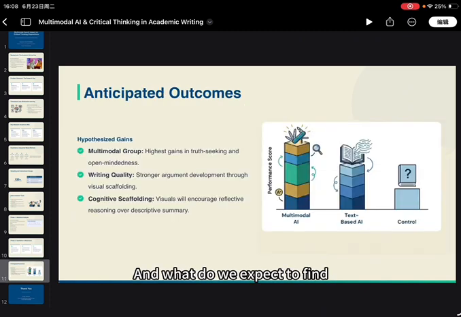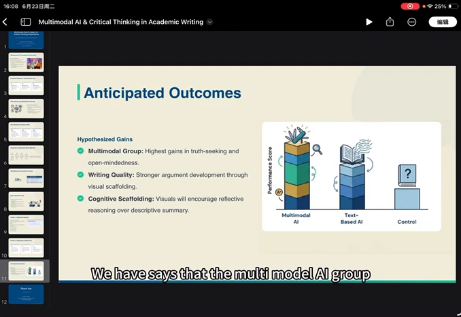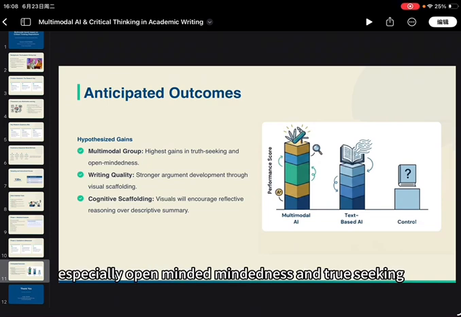And what do we expect to find? We hypothesize that the multimodal AI group will show the highest gains in critical thinking, especially open-mindedness and truth-seeking.